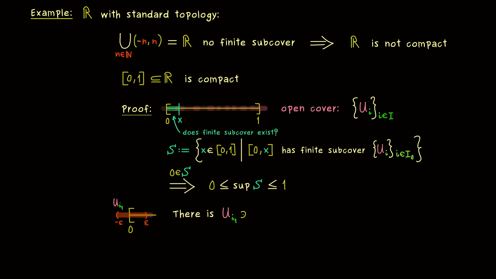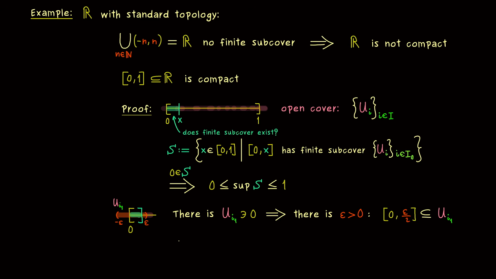So you see, we only need one open set from the whole covering to describe a neighborhood around the origin. And this also implies that we can easily go to a closed interval inside the epsilon neighborhood. So for example, we could just do that by taking epsilon/2 instead of epsilon. Therefore, we get that 0 to epsilon/2 lies completely in the open set U_i1. So it's just a single open set, so definitely a finite subcover for this interval.